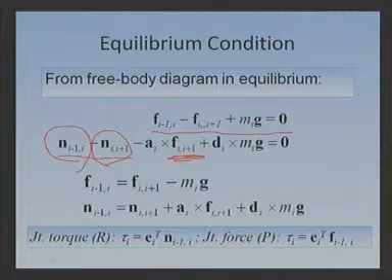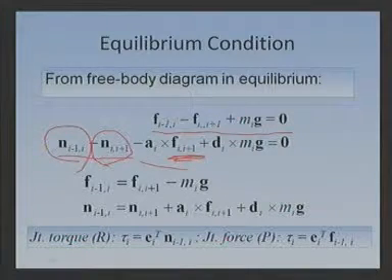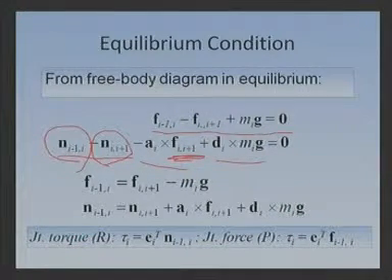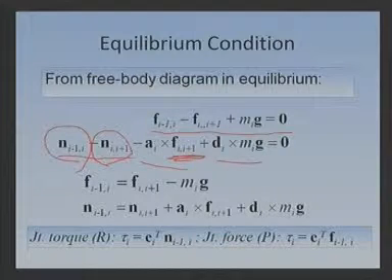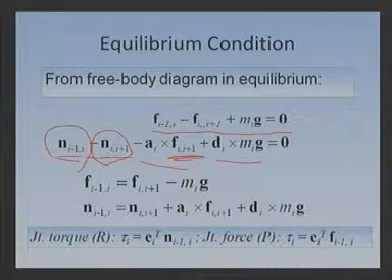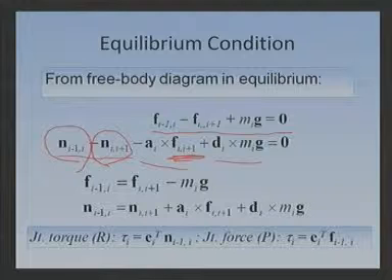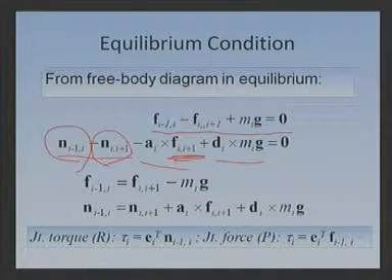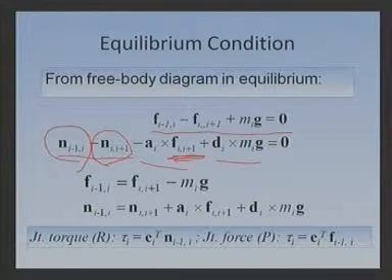That is this much, and then d_i cross m_i g is this much. You must be wondering what happened to the force applied by the (i-1)th body to the ith body. Let me go back to the paper to show how I am writing it.